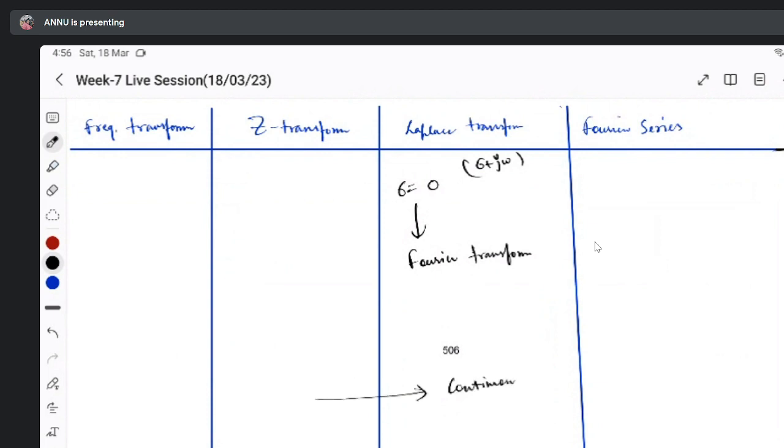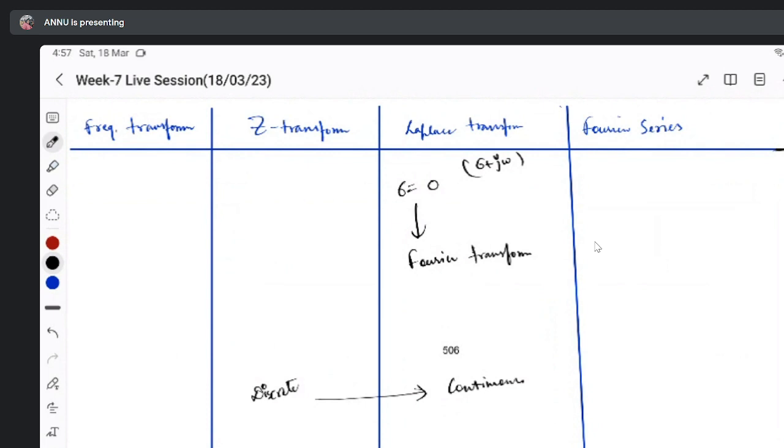In case of Laplace, it is related to the left hand side and right hand side of the S plane. In case of Z transform, it is a unit circle: inside the unit circle or outside the unit circle contained in ROC. But conceptually, both are same. One is continuous domain, other one is discrete domain.